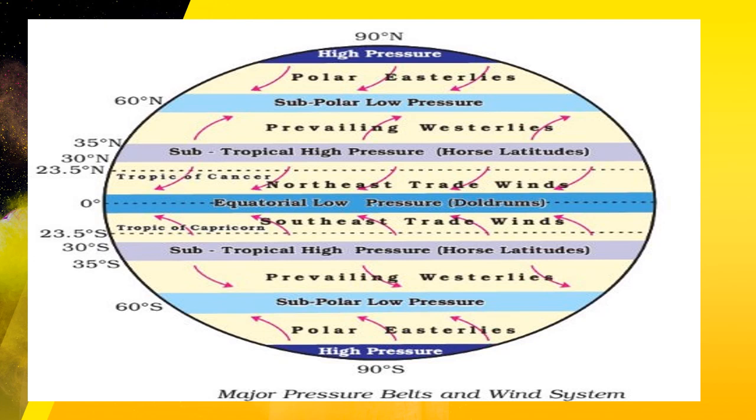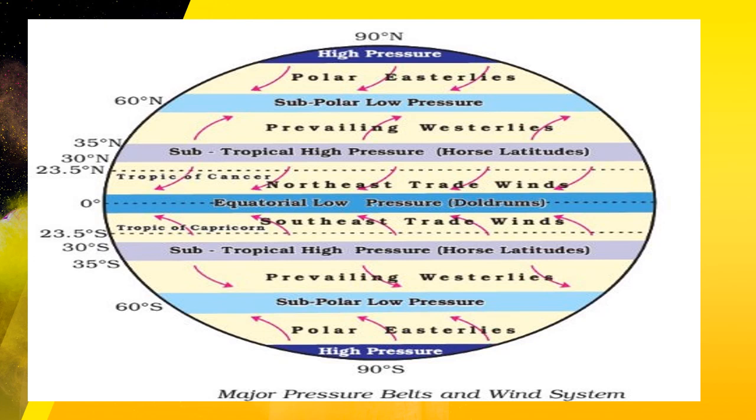There are trade winds which move from the subtropical high pressure from both the hemispheres towards the equatorial low pressure belt. It is the nature of wind that when there is a difference in pressure, the air moves from the high pressure area towards the low pressure area, and exactly this mechanism takes place in this equatorial low pressure area.